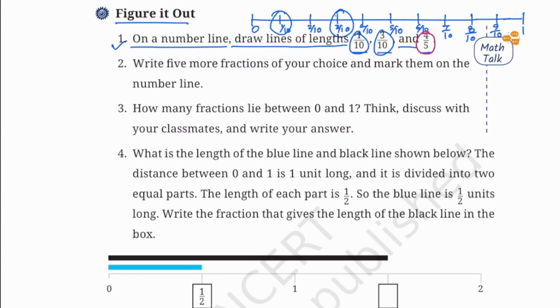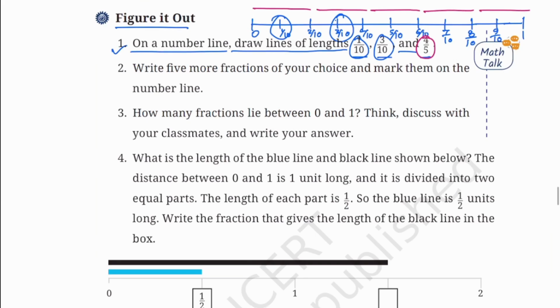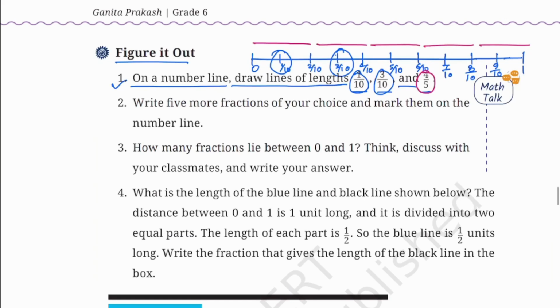For 4 upon 5, you have to split a unit length into 5 equal parts, like this. You can see this is 1 upon 5, 2 upon 5, 3 upon 5, 4 upon 5 and this one 5 upon 5 or 1.